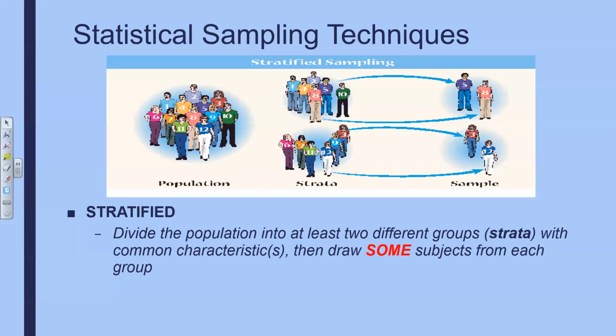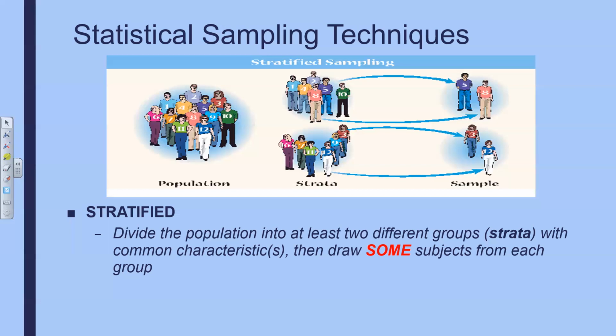Okay, so we divide them into groups and then we select some from each group. Notice the word some on this slide is red and capitalized, which means it's an important word. The word some and the word stratified both start with S. So that's how I try to remember it.